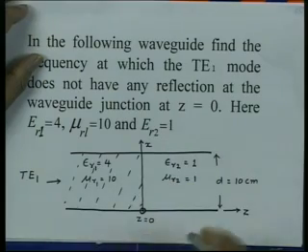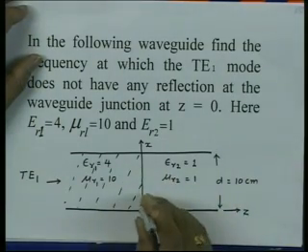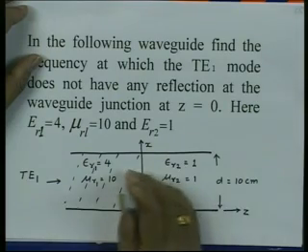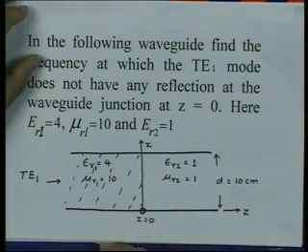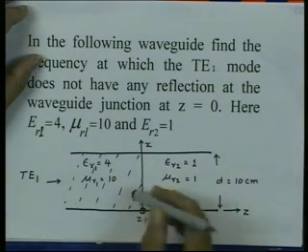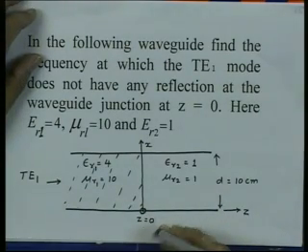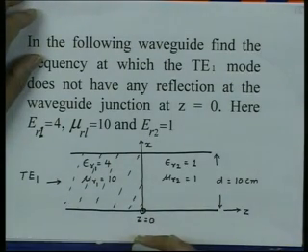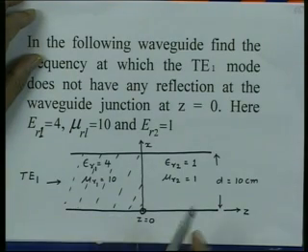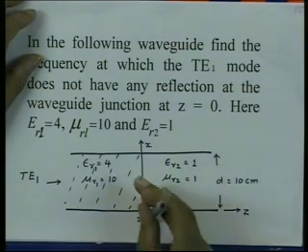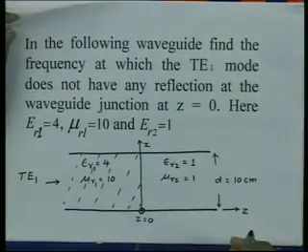For matching the boundary condition, the y component should be continuous across the boundary, and also the normal component of the magnetic field should be continuous. So, we can apply the continuity of the z component of magnetic field and the y component of the electric field for the mode.